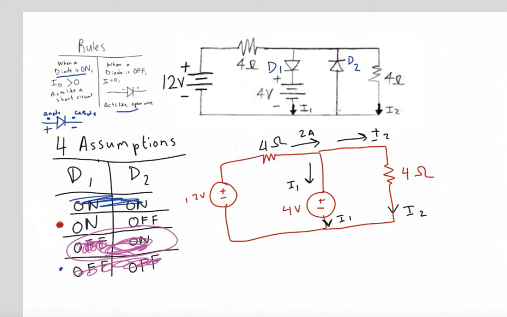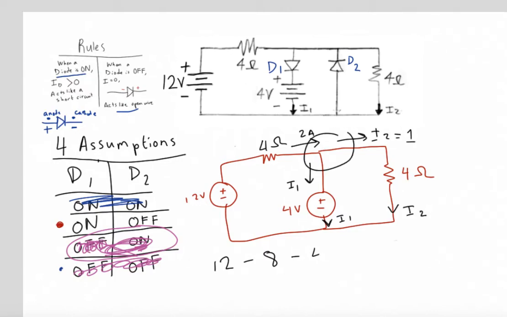So let's just do an outer loop. That is 12 minus 4 times the current going through, that's 8, minus this 4 ohms times the current I2, equals 0. That means I2 is equal to 1.